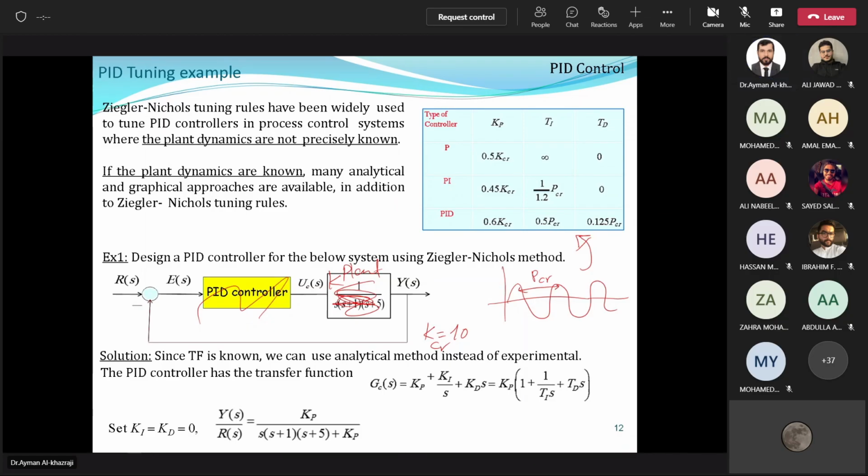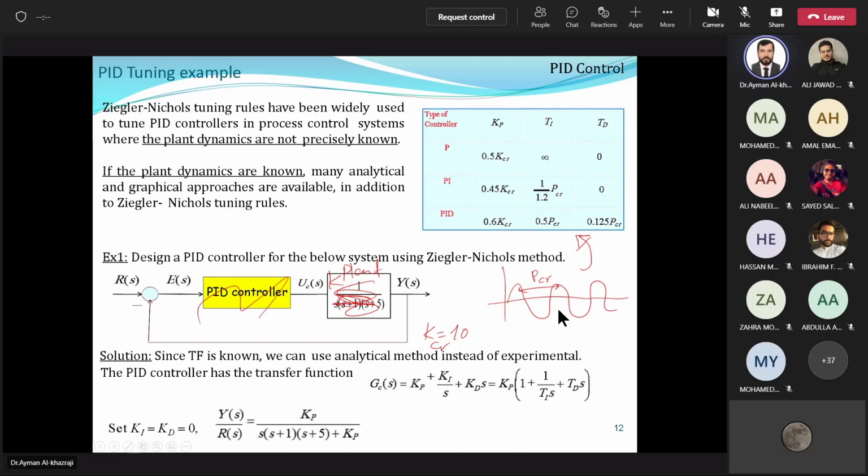Clear? Zahra? It could be possible also to write an equation for a sine wave, then we can find from it this requirement, right? It's okay. If this or written, what's the problem? Okay. Got it. Victor, how to find PCR?